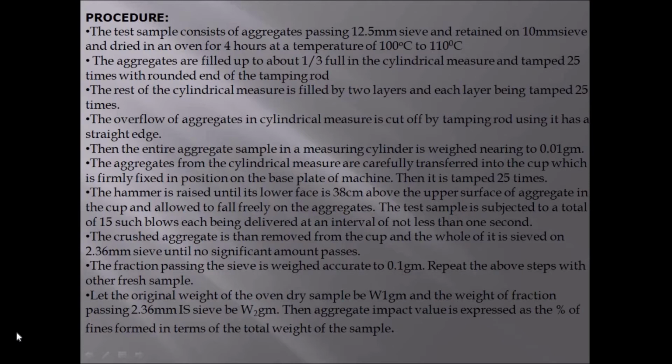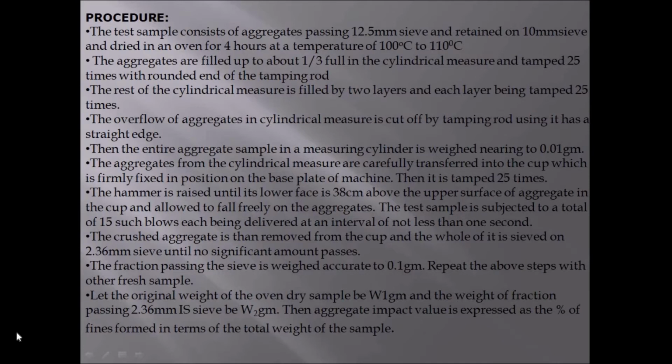The crushed aggregate is then removed from the cup and the whole of the aggregate was sieved on 2.36 mm sieve until no significant amount passes. The fraction passing the sieve was weighed accurately and the above steps were conducted for a fresh sample.